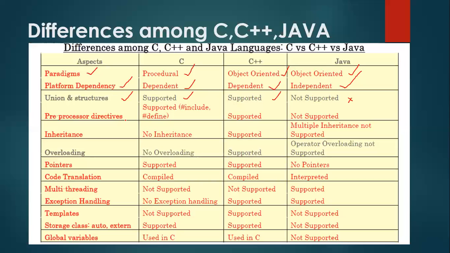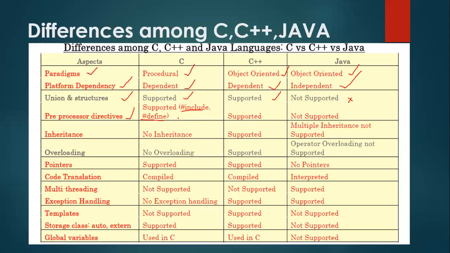And the next aspect is preprocessor directives. That means in a C program, before the main section, we are using some header files and definition sections by using a preprocessor, the hash symbol. Hash include, hash define.